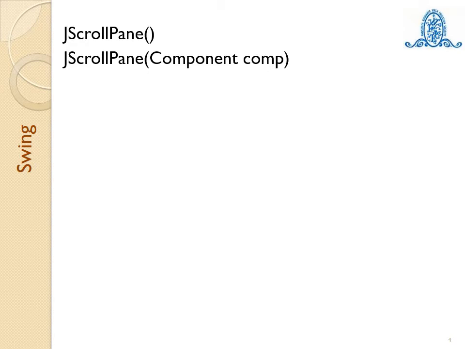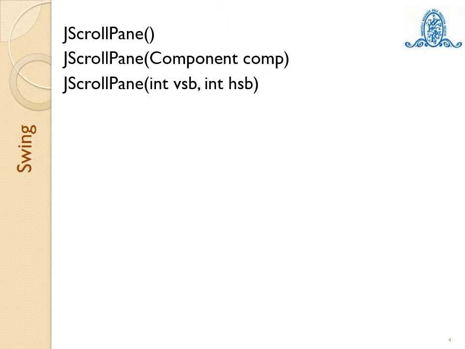This component com specifies the component to which the scroll bars will be added, either horizontal or vertical scroll bars. The third constructor form consists of two parameters of int type, int VSB, int HSB, which specify the vertical scroll bar constant value and horizontal scroll bar constant value.